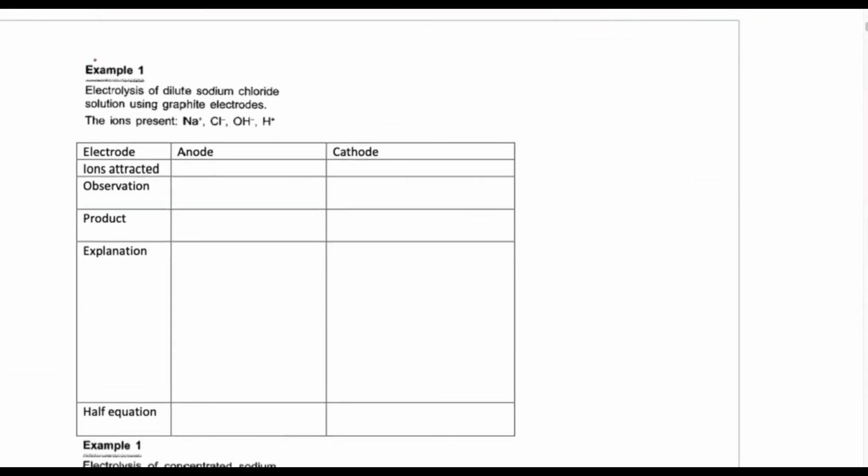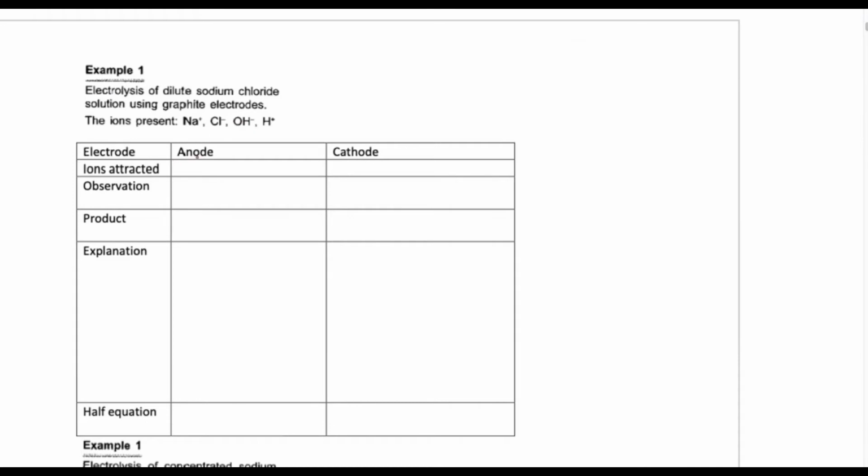Electrolysis of dilute sodium chloride solution using graphite electrodes. The ions present: Na+, Cl-, OH-, H+. NaCl is from here. H+ and OH- are from water.